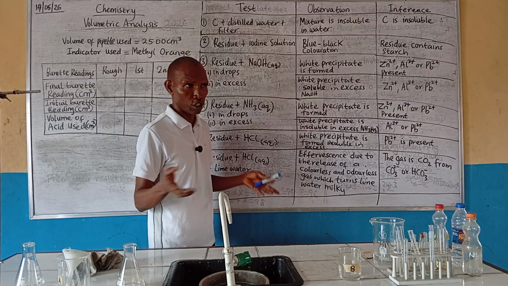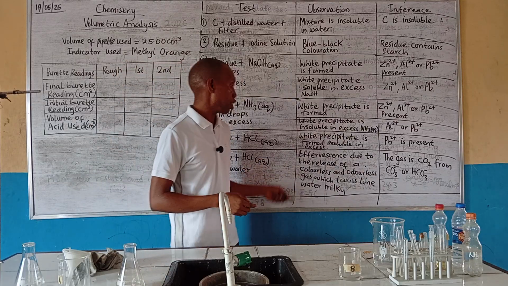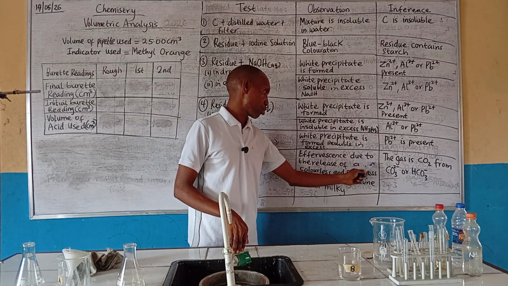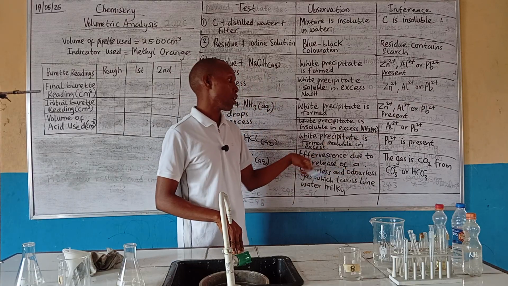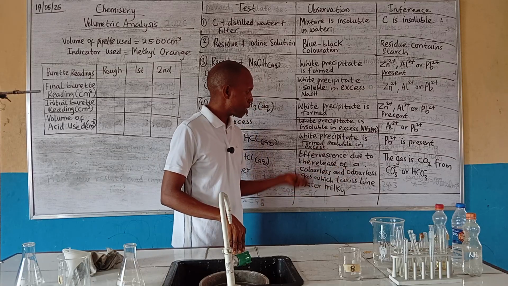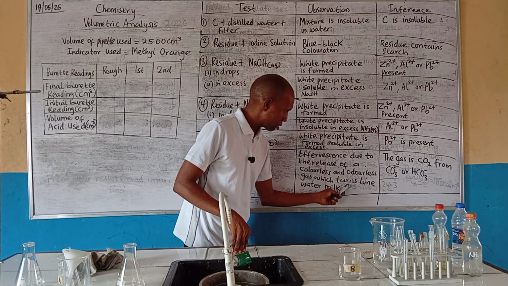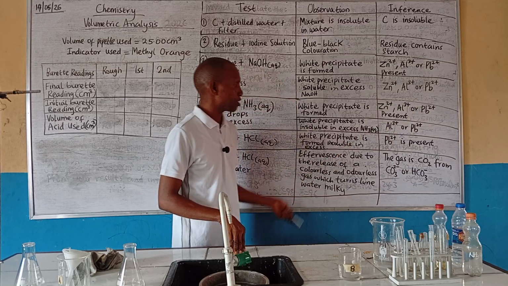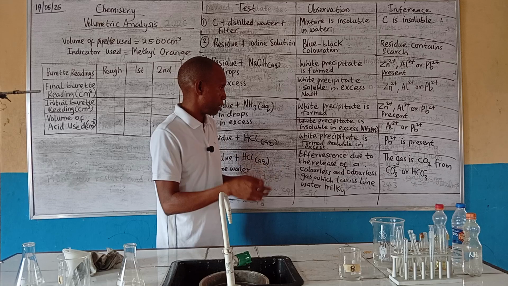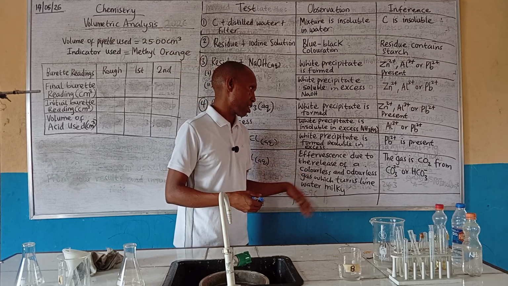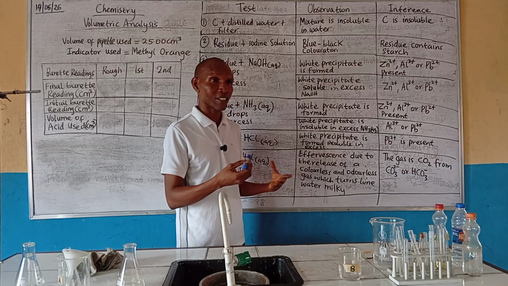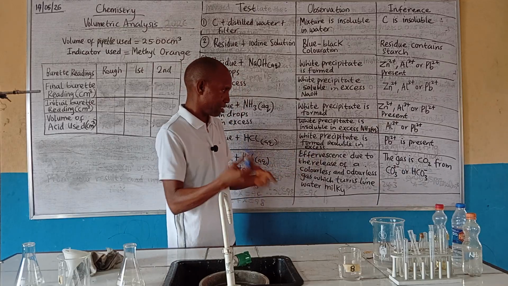Of course, the gas here is going to be carbon dioxide. So your inference is going to be effervescence due to the release or evolution of a colorless and odorless gas which turns lime water milky. Or you can as well say effervescence due to the release of a colorless and odorless acidic gas.